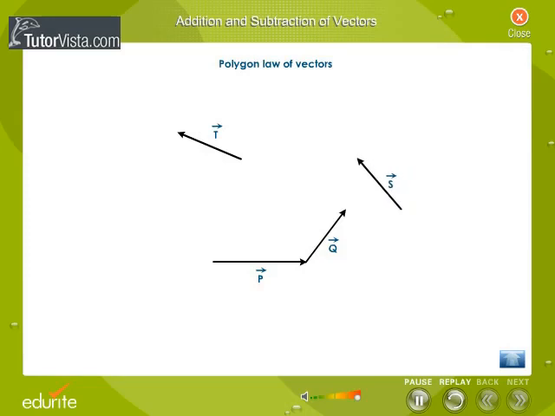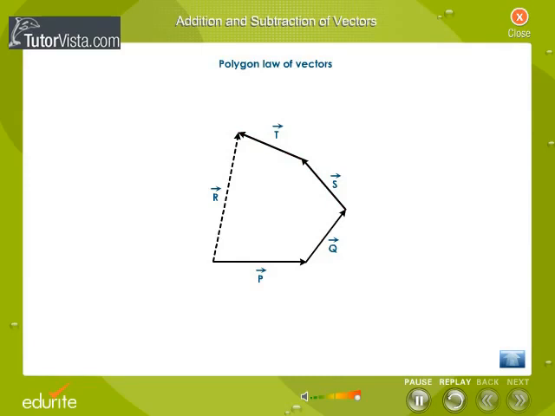Similarly, displace vector s parallel to itself till the tail of vector s touches the tip of vector q. Again, displace vector t parallel to itself so that its tail touches the tip of vector s. Now, a vector r running straight from the tail of vector p to the tip of vector t will be the resultant of vector p, vector q, vector s and vector t.